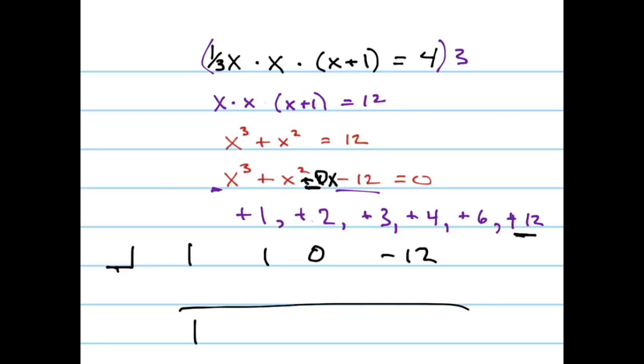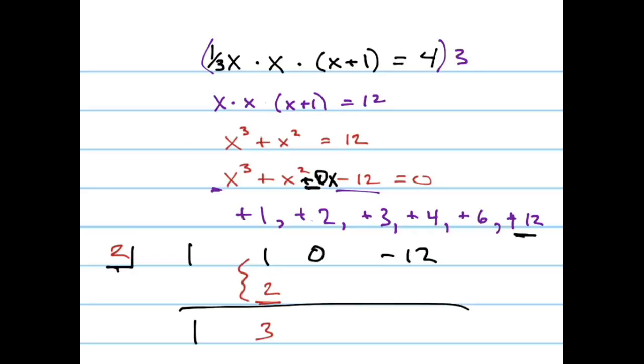Ingrid, what do you think a good place to start guessing might be? 2. Okay, Tori, what's my number that's going red here? 2. Christian. Those are both positive numbers. I'm adding here.